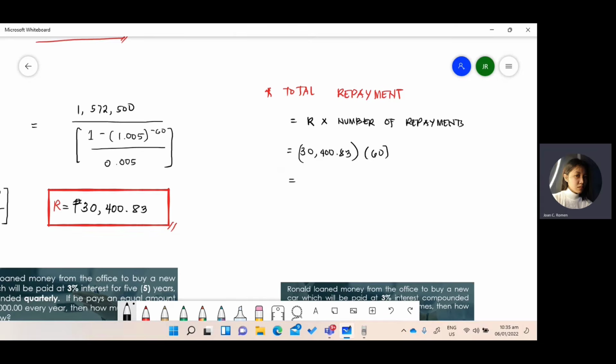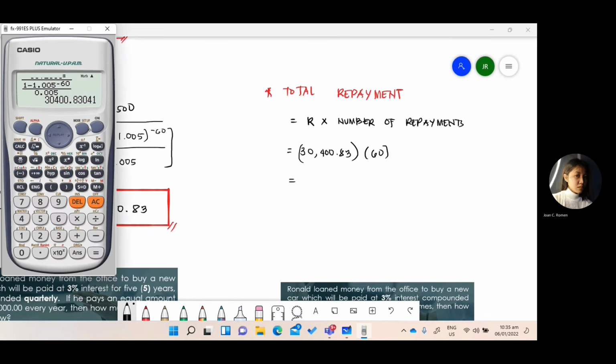Okay, and that is equal to 30,400.83. What I used is the rounded-off value, then multiply it by 60. But you can also use the direct value. Whatever number we got earlier, you can directly multiply it by 60.